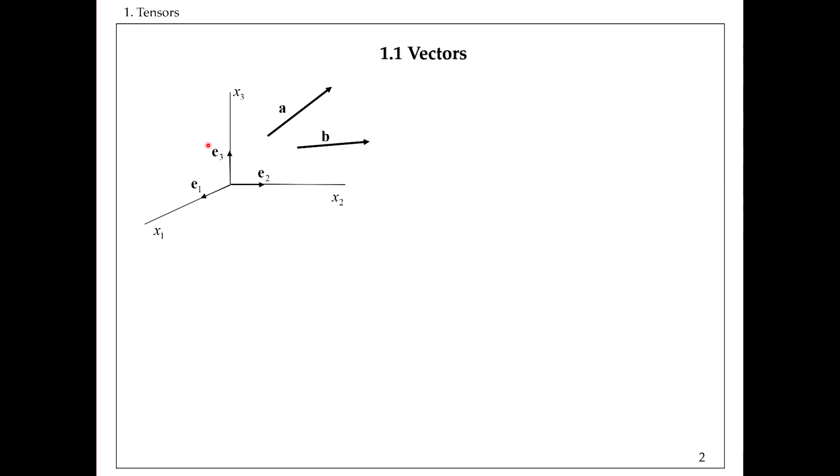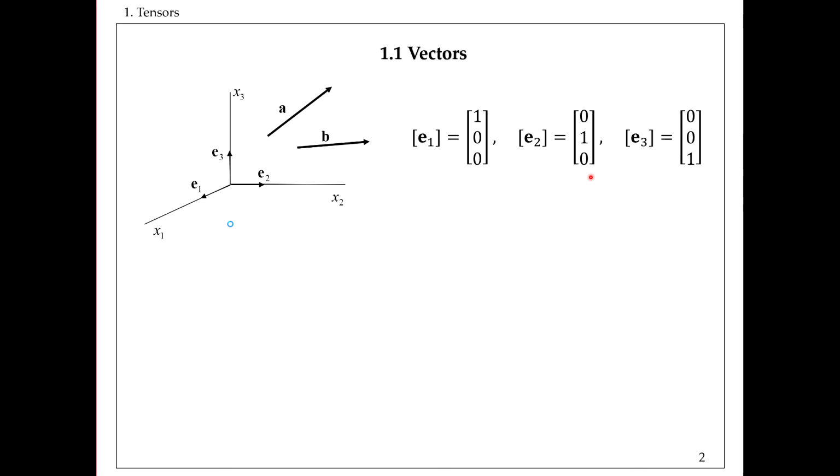Now we are interested in defining these vectors in this coordinate system. We already said that our basis vectors are unit vectors, so basically the projections of, for example, e1 will be 1 on x1 and 0 on x2 and x3, and then we can write them as coordinates as we usually do in linear algebra.